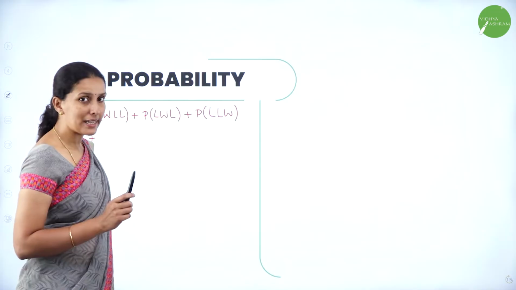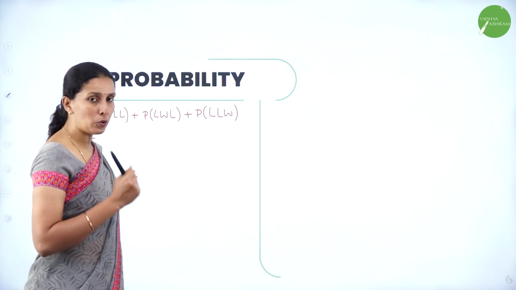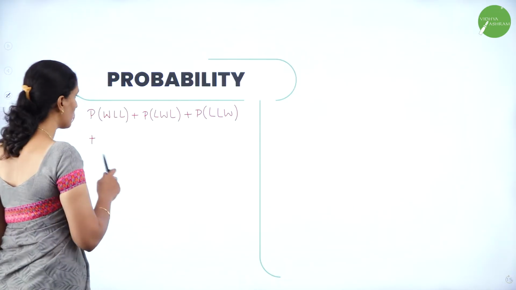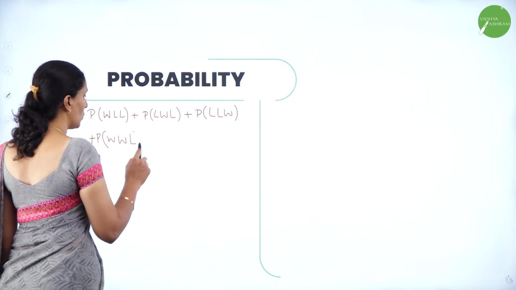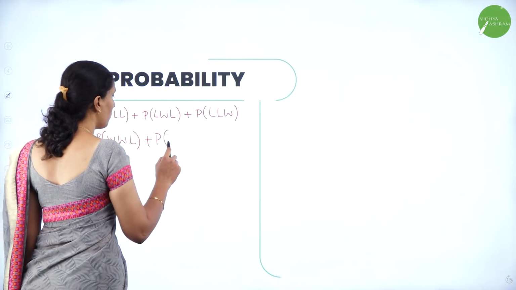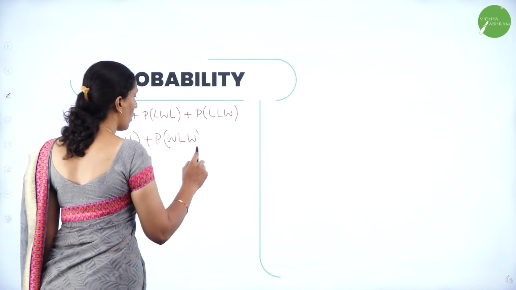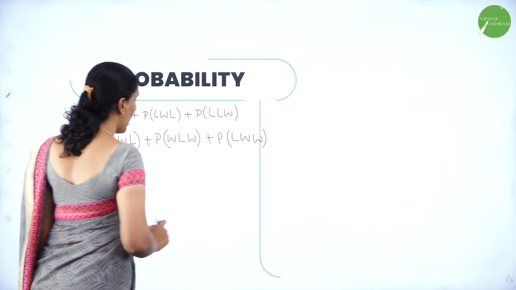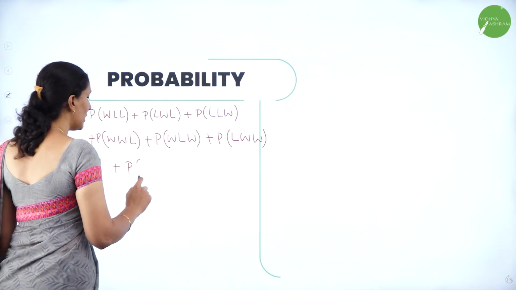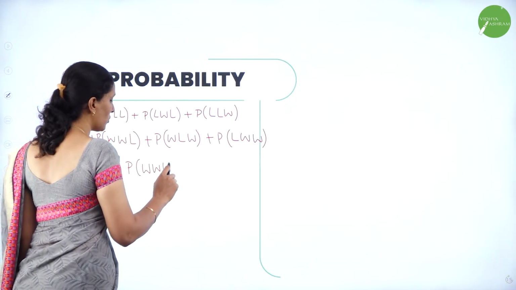Since I say at least, they can even win 2 matches and lose 1 match. So it may be win, win, lose, or win, lose, win, or lose, win, win. And the last one means they might win all the 3 matches.